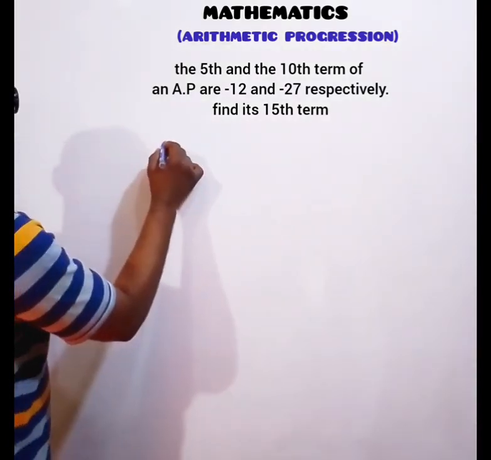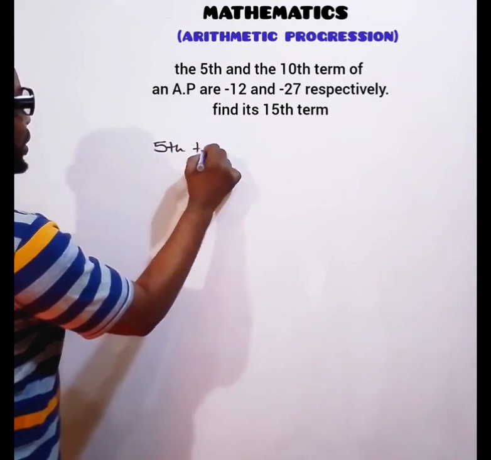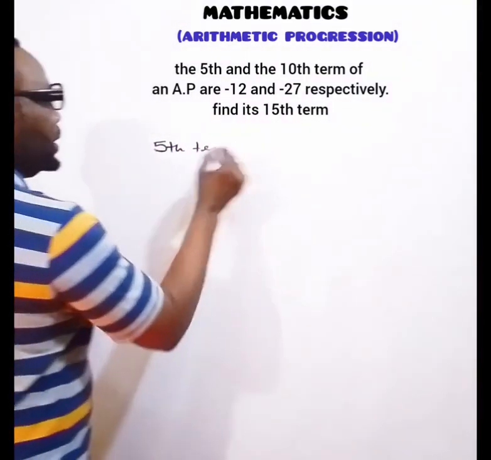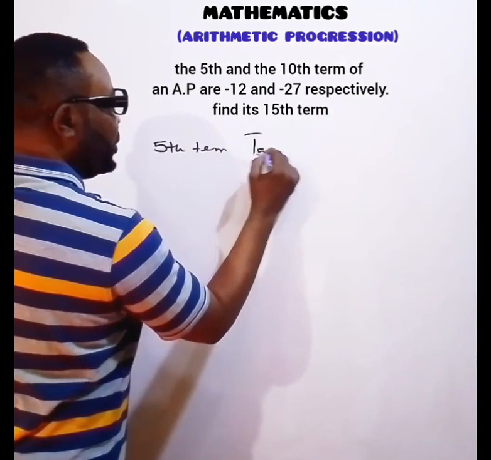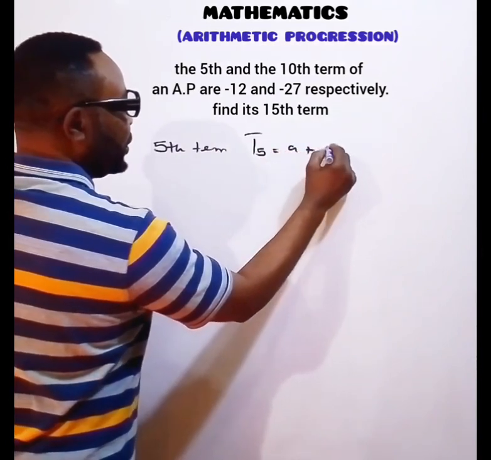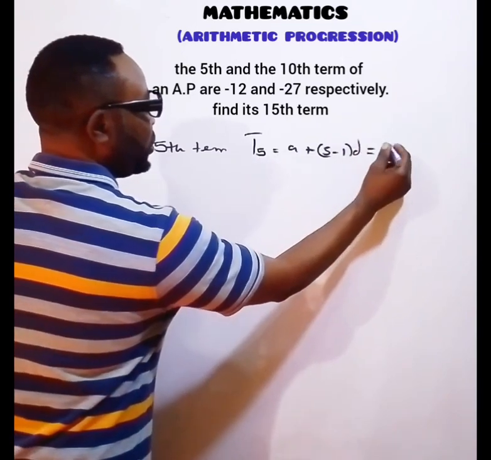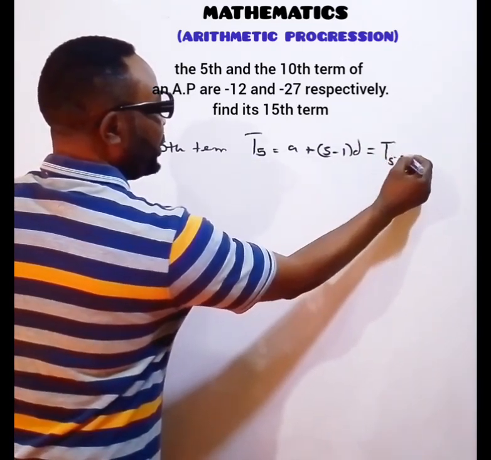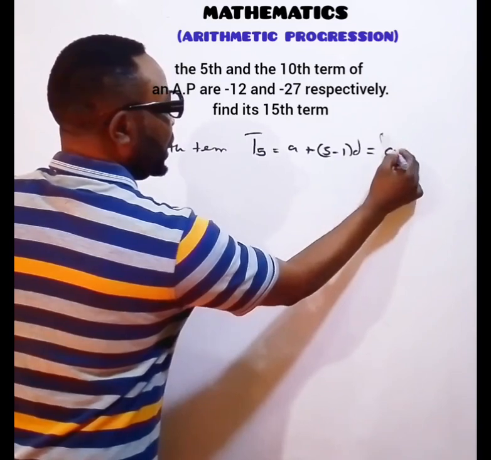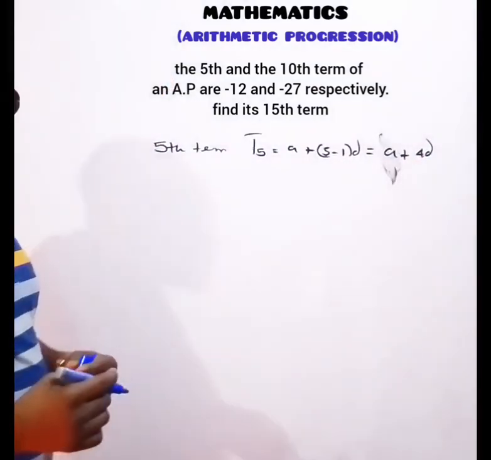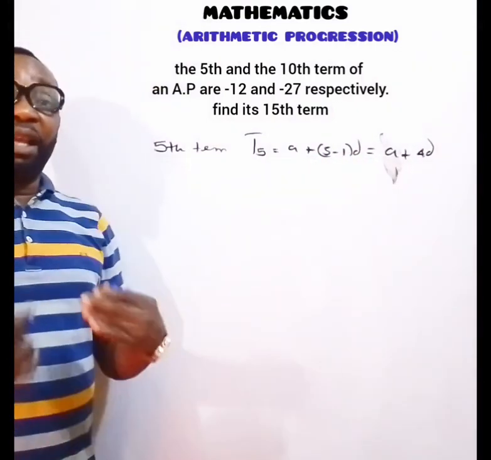The 5th term, in our nth term formula, will be equal to a plus 5 minus 1 into bracket of d, which eventually will be equal to a plus 4d, according to the expression I have simplified earlier.